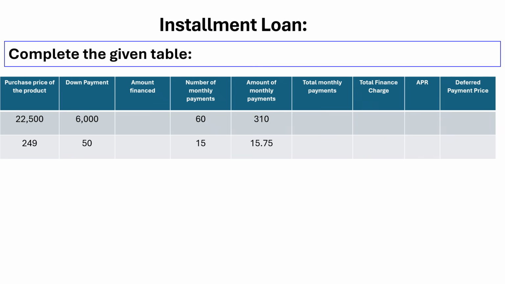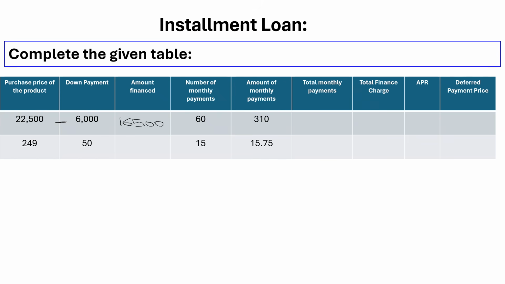So it will come to 16,500. Remember how you calculate: 22,500 minus 6,000 comes to 16,500. Remember, minus 6,000.